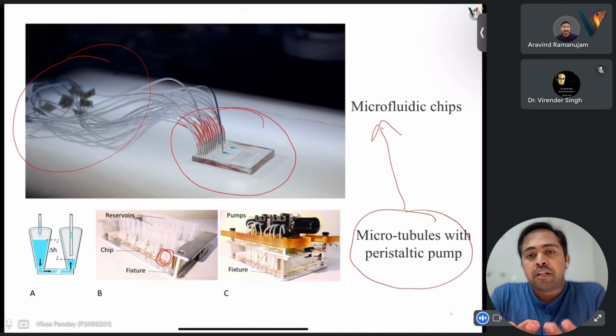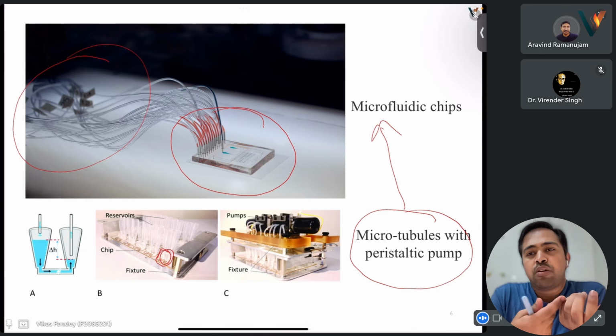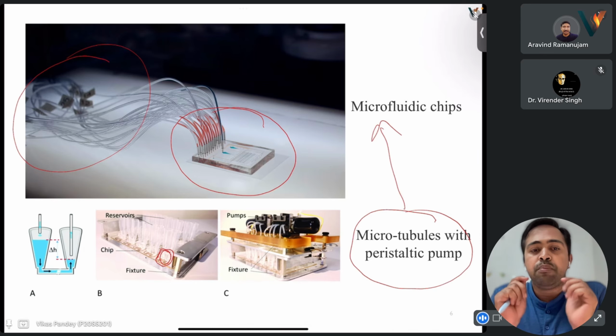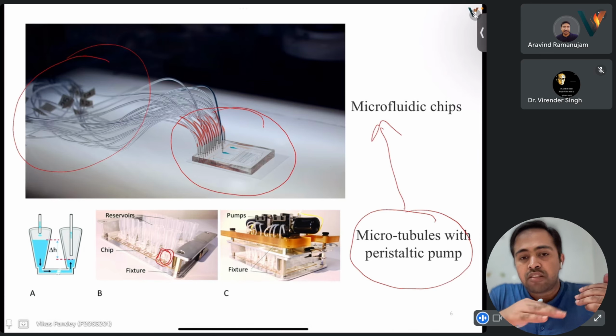So a better way to do this is using a microfluidic chip, where we can put things in precise amounts, like microliters and such kind of quantities, micro and nanoliters of fluids flow in this, and we can have very precise control as well as maintain things very easily.